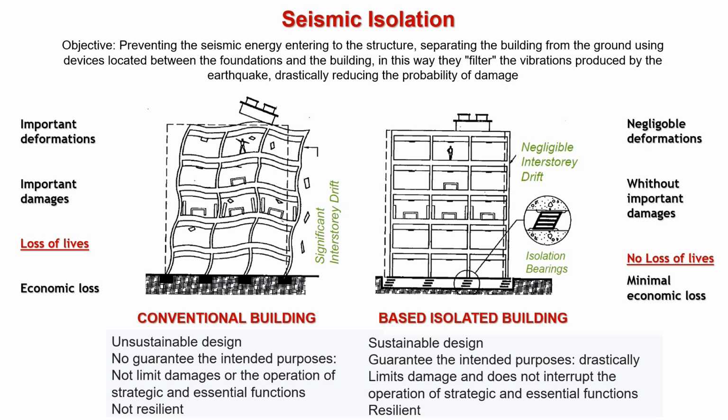In this way, they filter the vibrations produced by the earthquake drastically, reducing the probability of damage. They can be placed between the building itself and its foundation, creating a layer between the building and the ground.